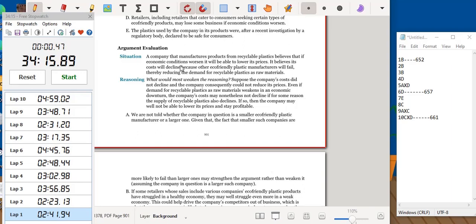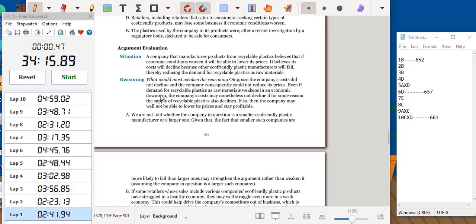Suppose the company cost did not decline and the company consequently could not reduce its prices. It believes its cost will decline because other eco-friendly plastic manufacturers will fail. Okay, what would most weaken the reasoning? Suppose the company's cost did not decline and the company consequently could not reduce its price.